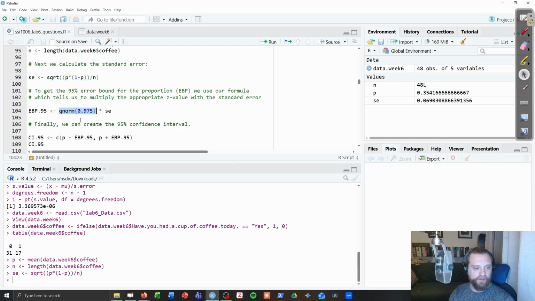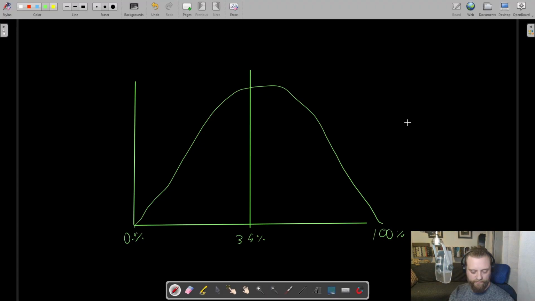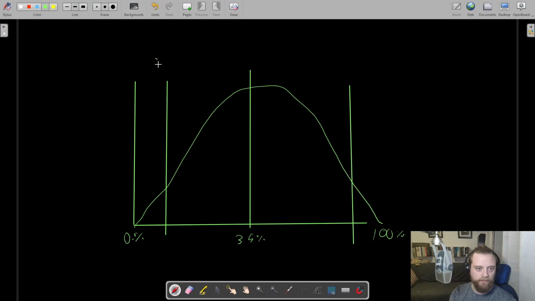Now, the next part of this means that what we want to do is calculate particular points on the curve based on an area under the curve. And to do that, we use qnorm. So let's go back to our graph. So what we're doing is we want two values. And let's call these x1 and x2.